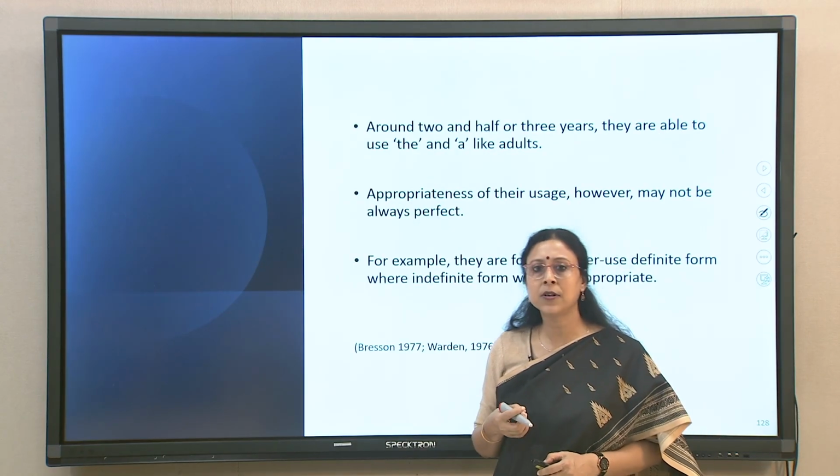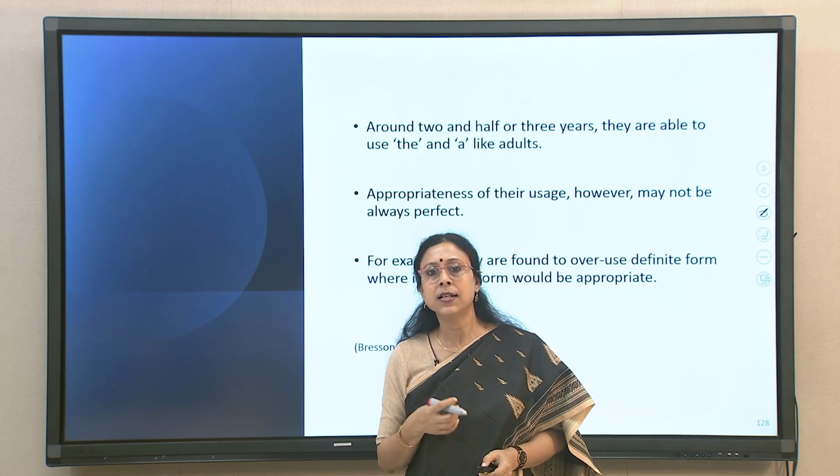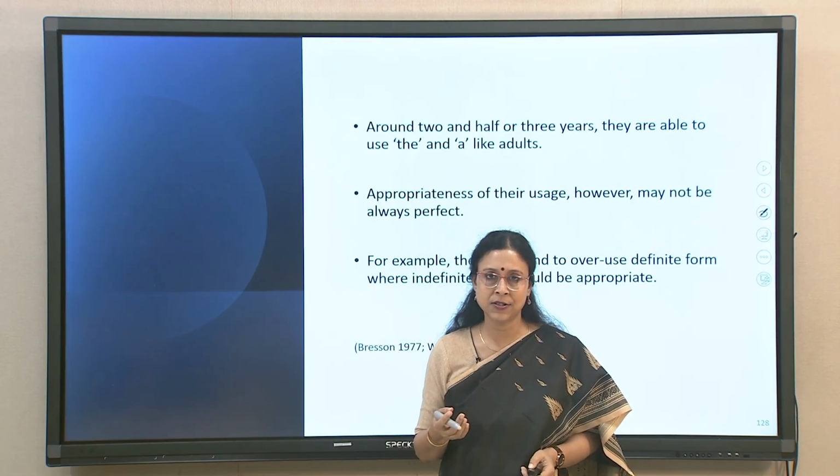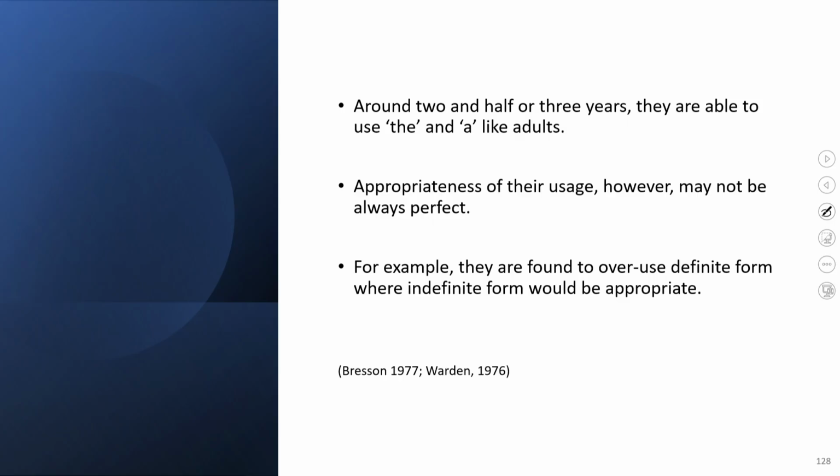Around 2.5 or 3 years, they are able to use "the" and "a" like adults. The determiners are now properly shaped in pronunciation, and they start using them, but the appropriateness of the usage takes a little more time to be perfected.